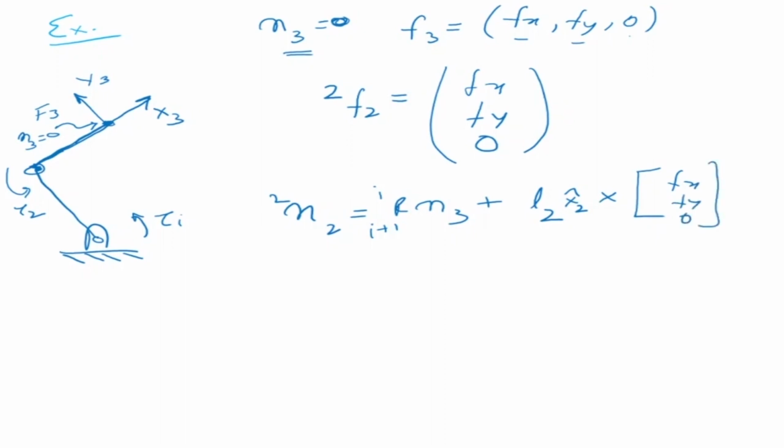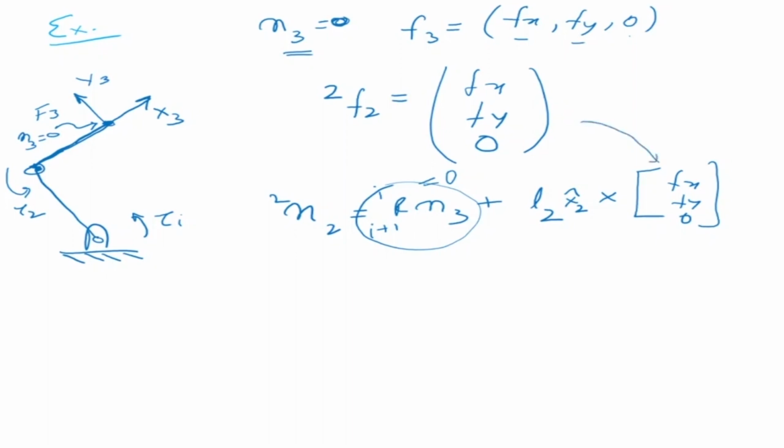The moment is equal to the moment of the previous link, which is 0 because N3 is 0, plus the moment because of the force which is acting at the origin of the third frame. So that is L2, the distance in the direction of x, cross Fx, Fy, which is this one.